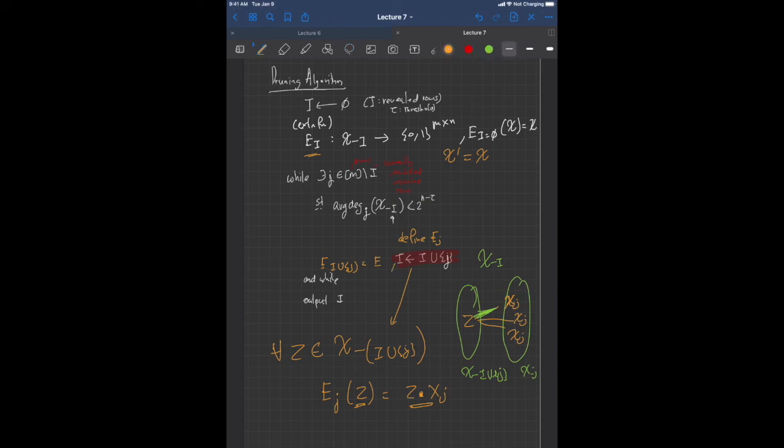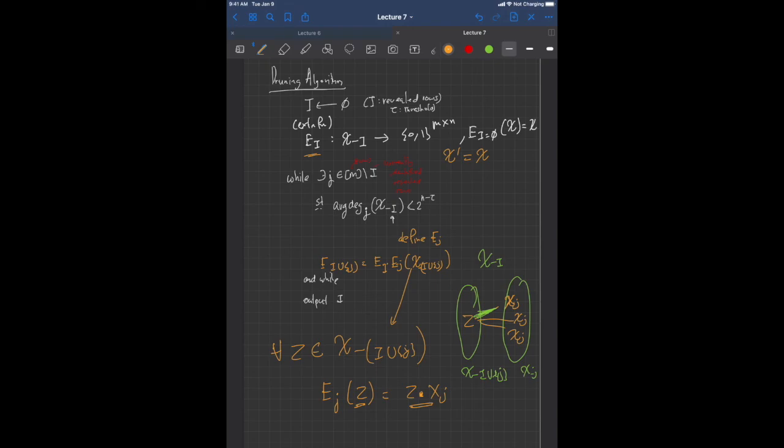So I define this, and let me just add that back later. This extension function to take you to a complete matrix including row j is just: first apply ej on a partial matrix from X minus I union j, and then apply the function eI so that you get it this way.